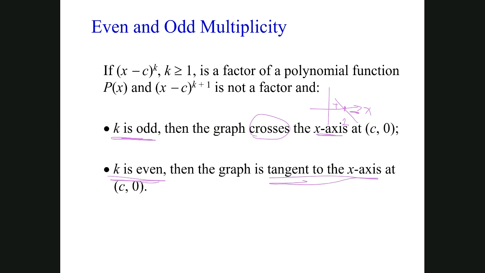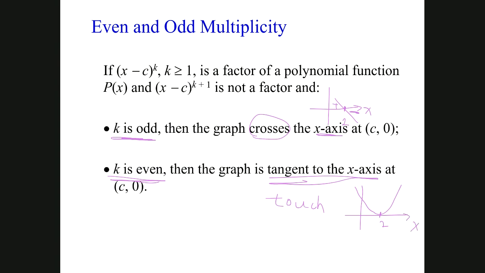So what is tangent? Tangent is sometimes also called touching. The graph will just touch the x-axis. So what does it mean for the graph to touch the x-axis? Look at this one right here. This is a parabola in here, right? So if I have this graph, like I said, x equal to 2. This graph is only touching the x-axis and then bouncing back.